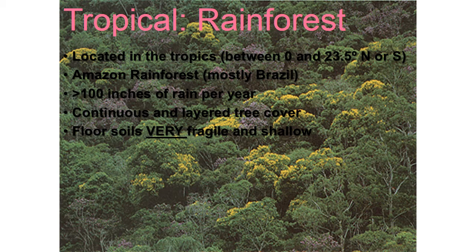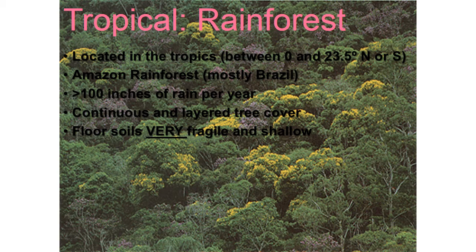In fact, no, they're very shallow, they're very fragile. So when one destroys the rainforest, you're also destroying the soil, and it's not very likely that that rainforest will grow back anytime soon. And this is all part of the problem with the destruction of the Amazon, because once you take out the trees, the soil disappears because it's very shallow and it blows away in the wind when the trees aren't there to protect it.